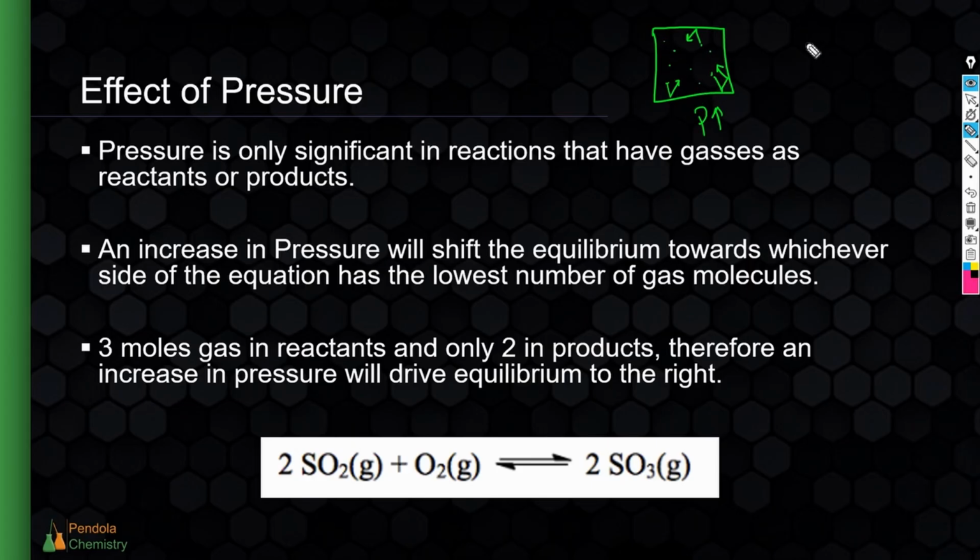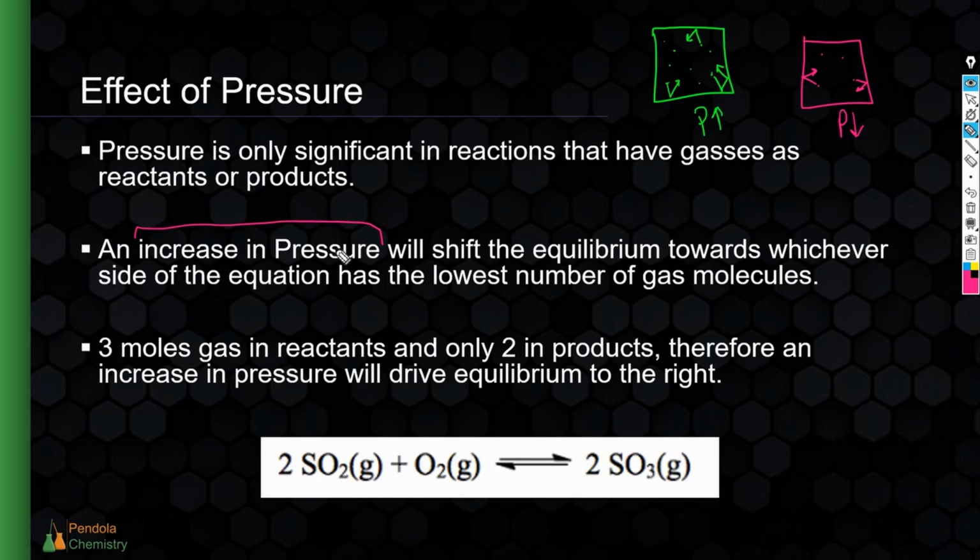On the other hand, if we have the same size container, but we have fewer molecules, then less pressure is going to be made because the molecules are not as tight in the container, and so pressure is going to drop. So according to Le Chatelier's principle, if we need to counteract an increase in pressure, how are we going to do that?